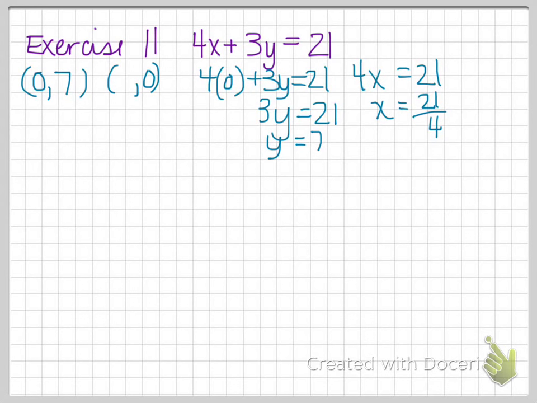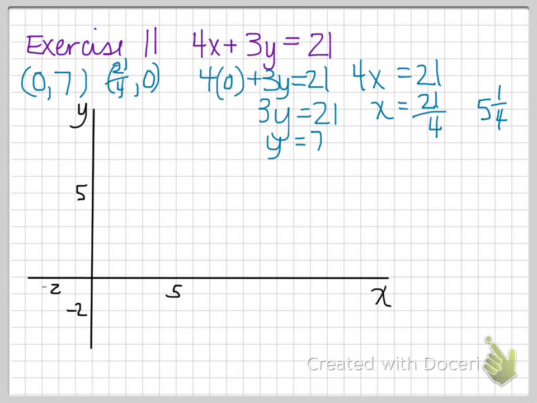Okay, so 21 fourths, when I go to plot that, I'm going to think of that as 5 and 1/4. This 5 wholes would be 20 fourths and 1 more. So 21 fourths. All right, so we're going to graph those two. They're both positive. So, okay, here's a pair of axes that we can graph on.